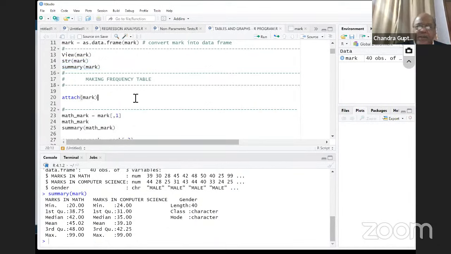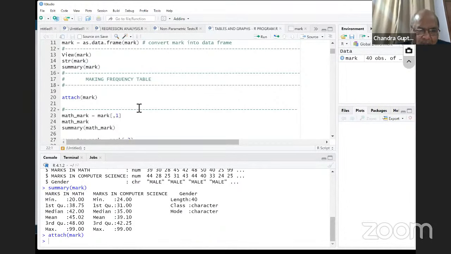Since I'm working with the marks data, I attach it so that I need not refer to it again and again. Then marks in the first column is having maths marks, so I'm separating it.